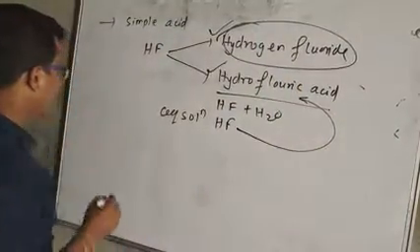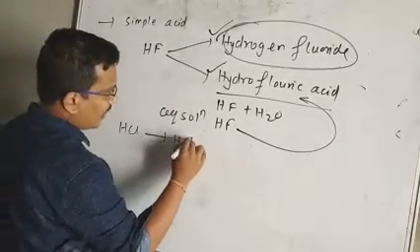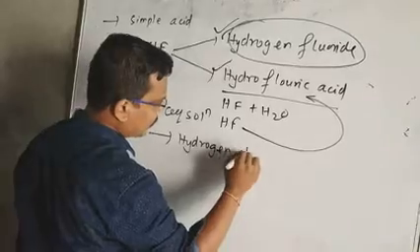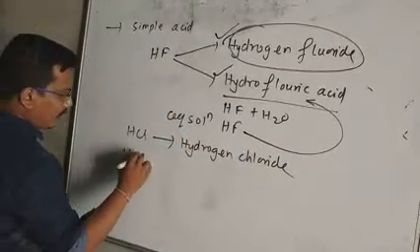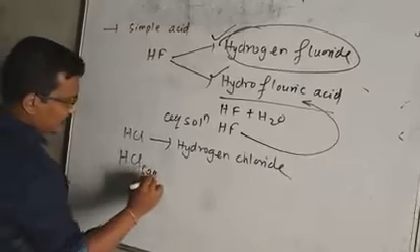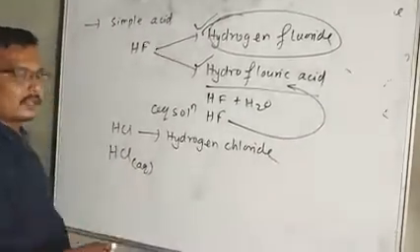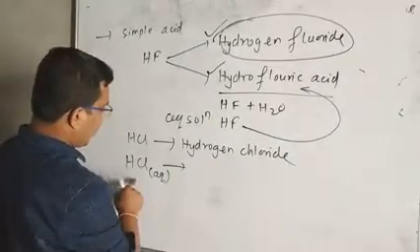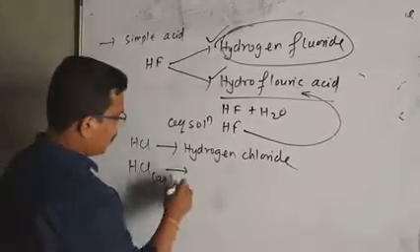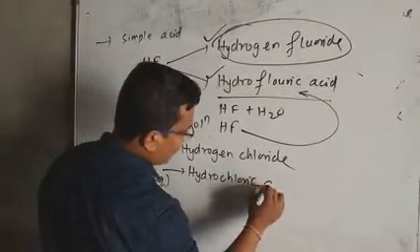If you think about only HCl, its name is hydrogen chloride. If you think about the aqueous solution, meaning HCl added with water, it is a solution, so what is the name of this compound? Hydrochloric acid.